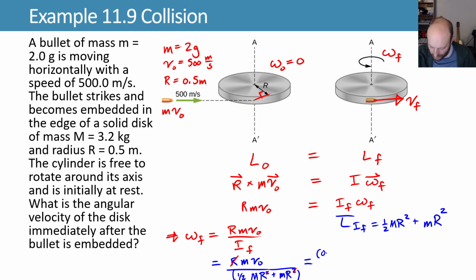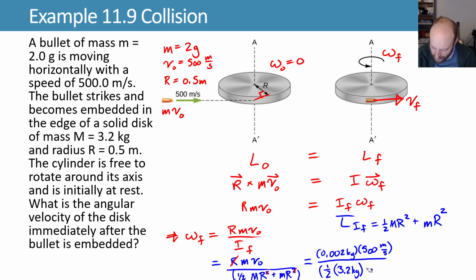This gives us our 0.002 kilograms as our mass. Our initial velocity was 500 meters per second. And then we have 1/2 the mass of 3.2 kilograms times the radius, which is still 0.5 meters, plus, actually I could factor out an r to make my life a little bit easier.